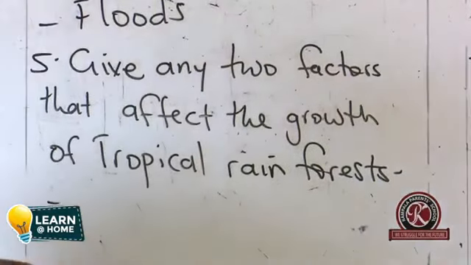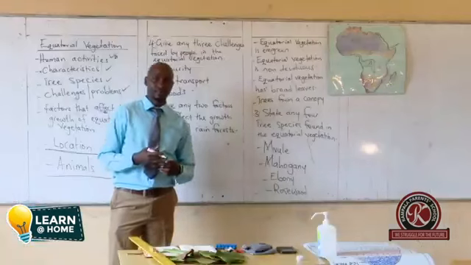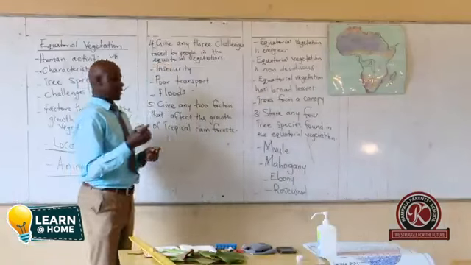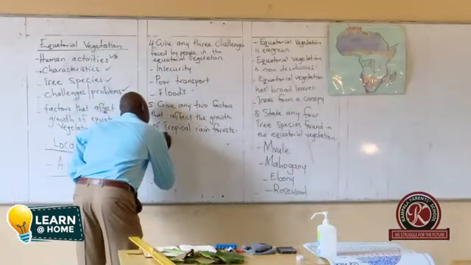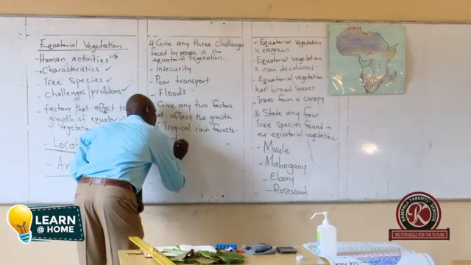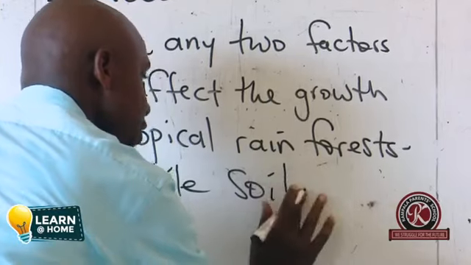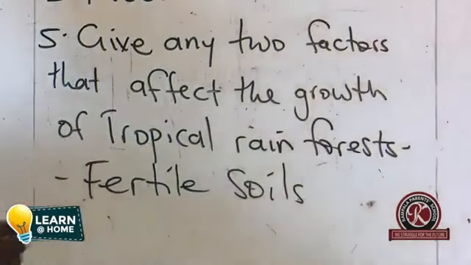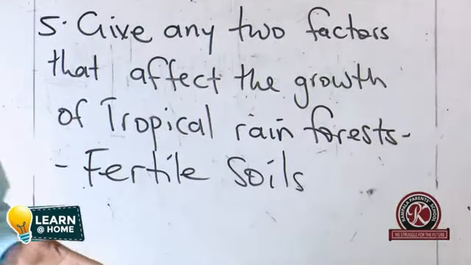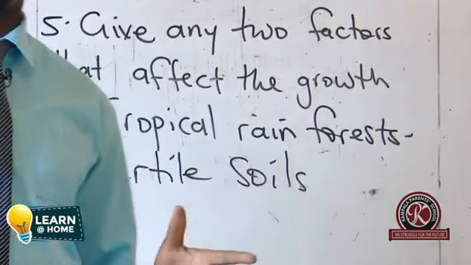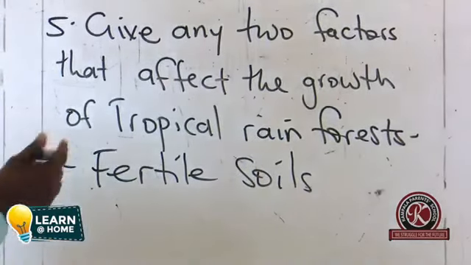Yes, I'm coming back to you. Yes, Manje is saying fertile soils. Good. We have fertile soils because in the equatorial region, being that it has a lot of fertile soils, it influences the growth of equatorial vegetation.